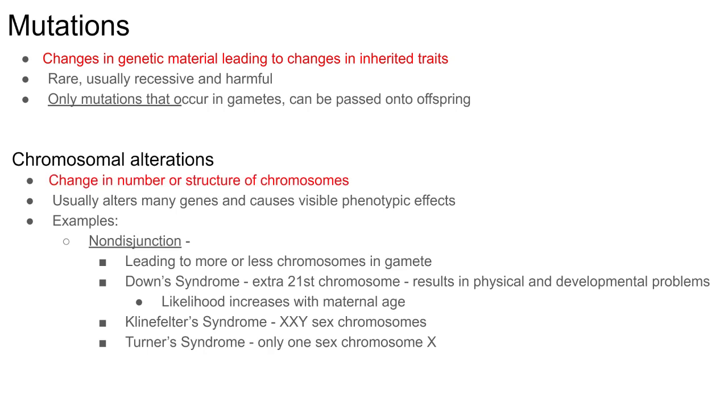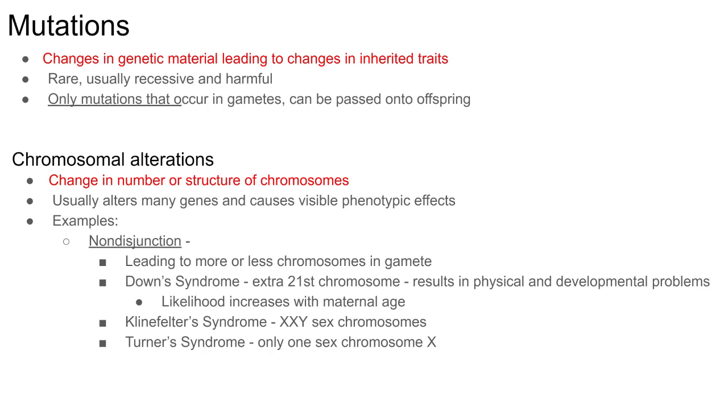There are instances, and we already learned about them when we talked about karyotypes, when actually the number of chromosomes can change. When cells are dividing in meiosis, if the chromosomes don't separate properly, you could end up with a sperm cell or an egg cell that has an extra chromosome or is missing a chromosome.